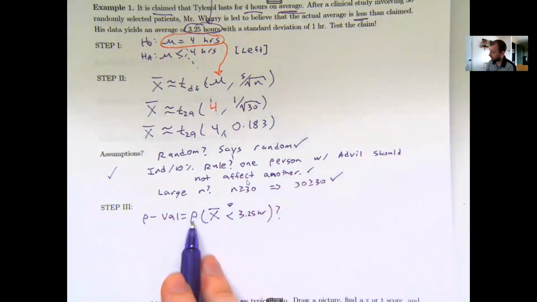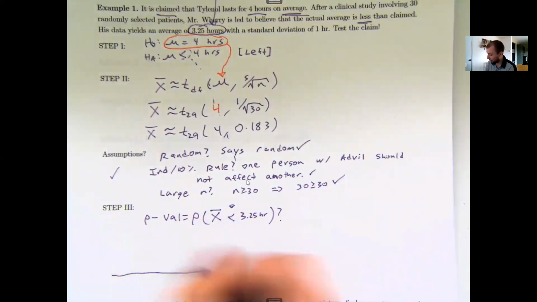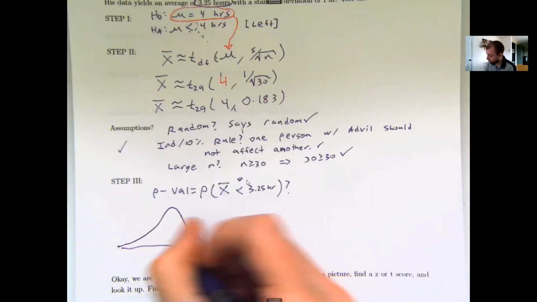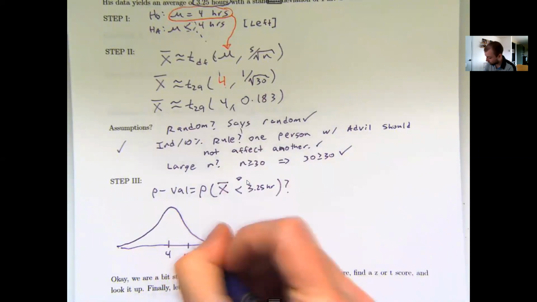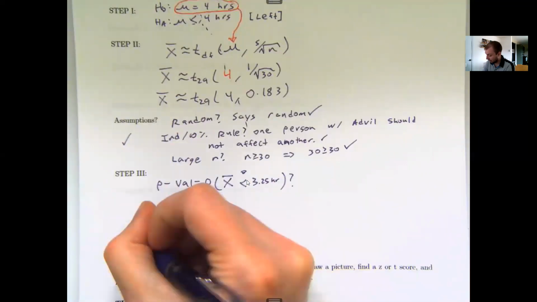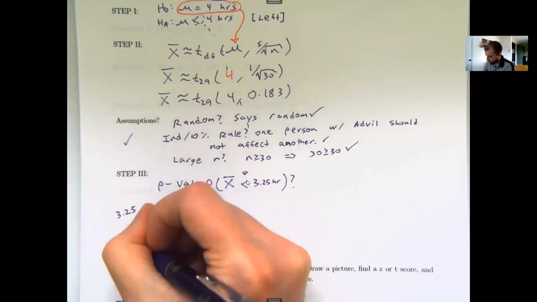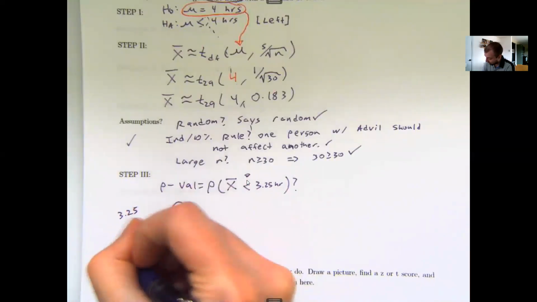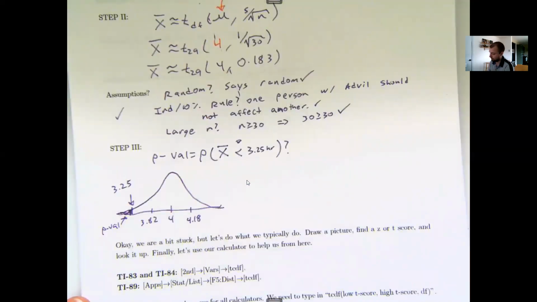The likelihood of the sample data, or more extreme, if the null hypothesis is true. So assuming the average should have been 4, give or take 0.18 or so, how likely is it that you get an average of 3.25 or less? So the p-value is going to be the size of the shaded end block. It's going to be this little piece here.